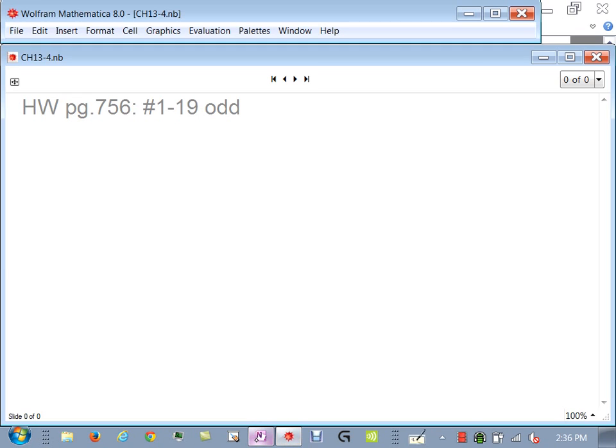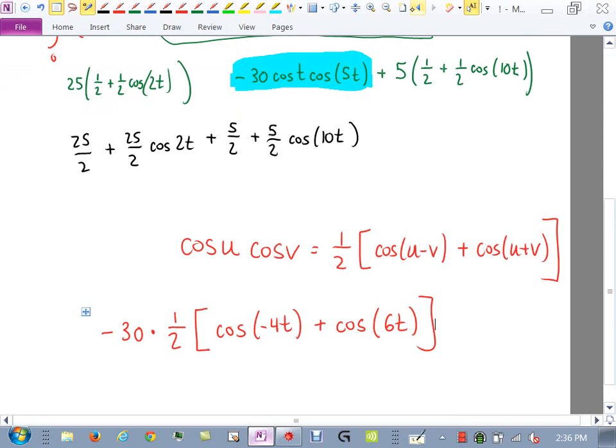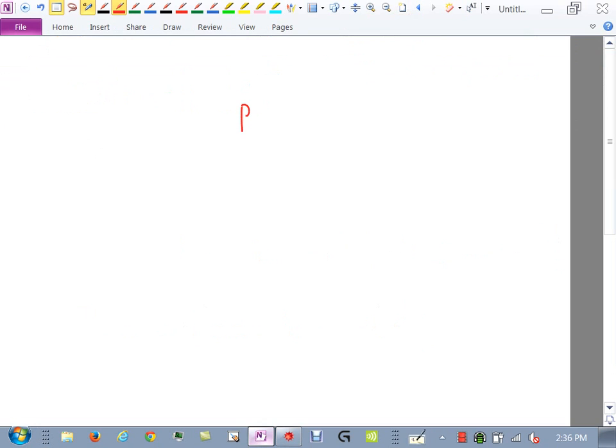The homework for this is page, crap, I don't know what page it is. I don't know, but it's 1 through 13 and then 17. 787?